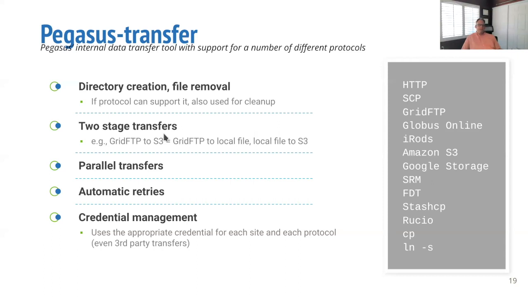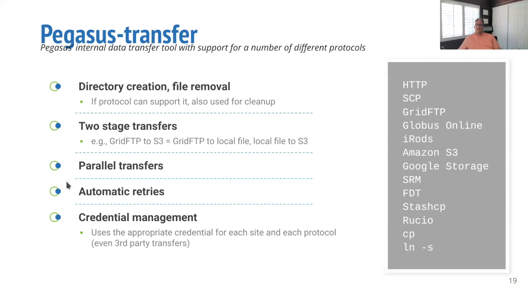For example, you might go to your local campus IT and ask, what is the best way for me to transfer stuff in and out of campus? And they will give you some protocol, and you say, well, that is not really what I need, because on my other side I have Amazon, but Pegasus can still decide to transfer them in two stages, and you don't have to worry about it.